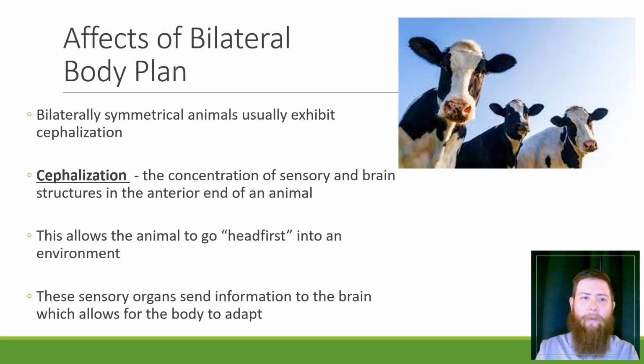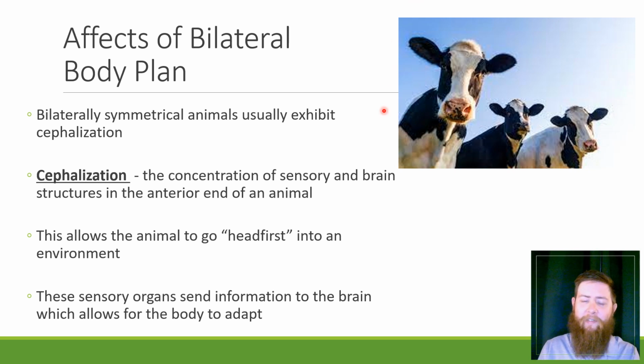Having a bilateral body plan leads towards this thing called cephalization. And cephalization is the concentration of all sensory and brain structures, or the majority of them, in the anterior or head end of an animal. So this cow here, she has ears and eyes and a nose, so as she goes through this environment that she's in, she can see everything that's coming at her.